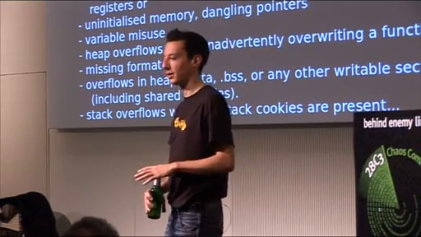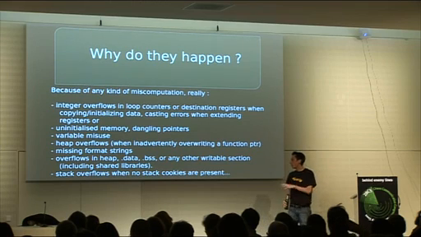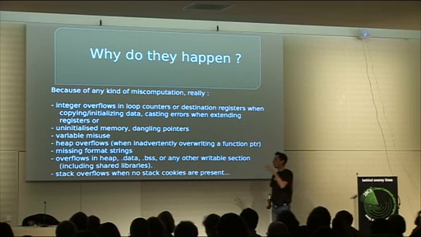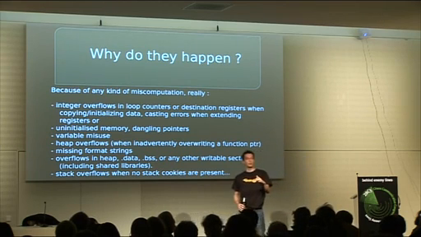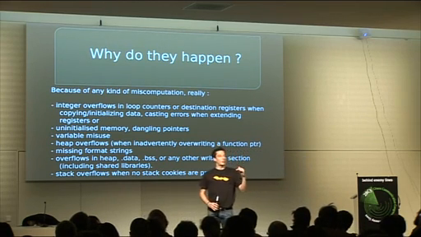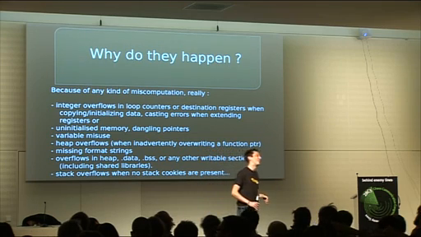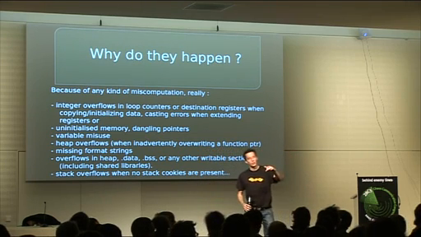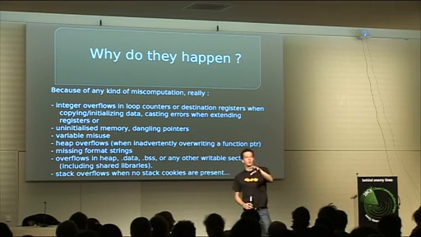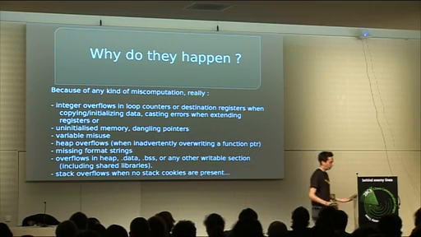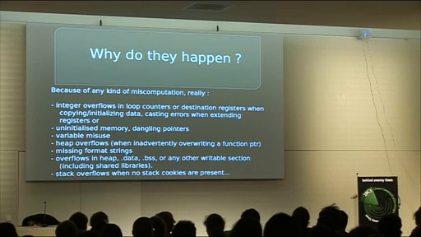This is total nonsense in real life. The real way we exploit heap overflows is you find a function pointer in your heap, you override the function pointer, and you make the function pointer point to data you control. And this is how we achieve arbitrary code execution.